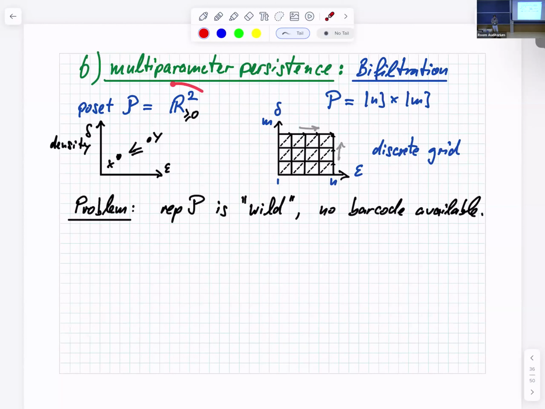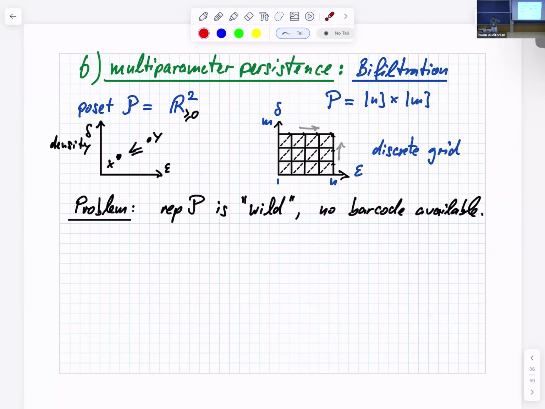So instead of R squared, I can look at the discrete grid, the poset, which is the product of an interval from 1 to n with an interval from 1 to n. So I have this grid here, an n times m grid, ordered like this to the right and upwards. Okay, so this is the situation we get when we look at bifiltrations associated to some set of data.